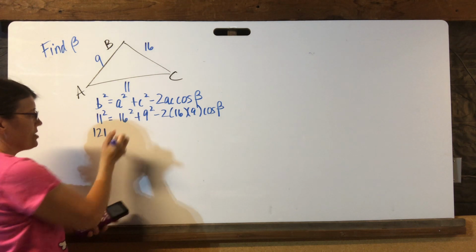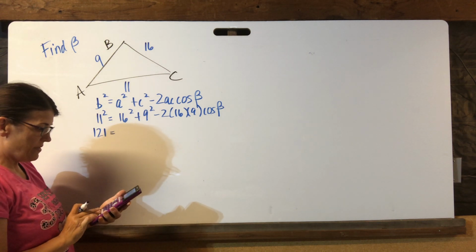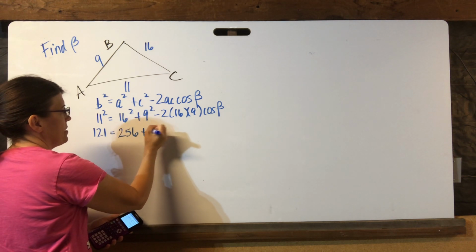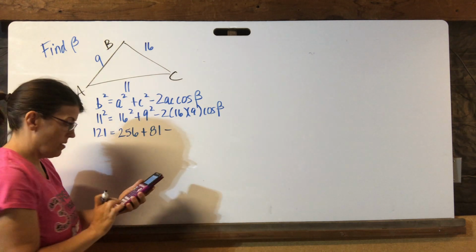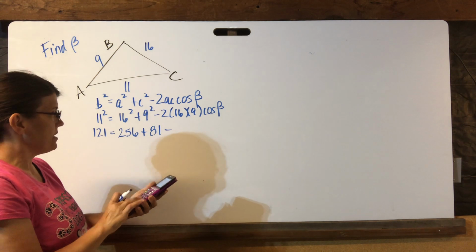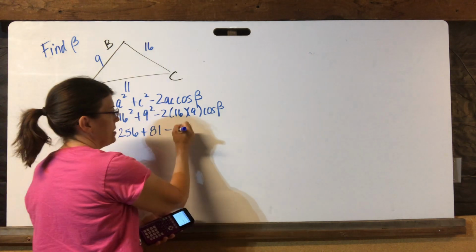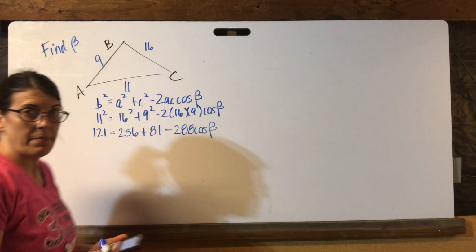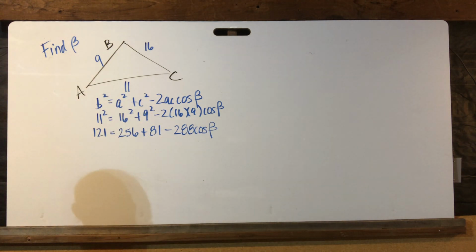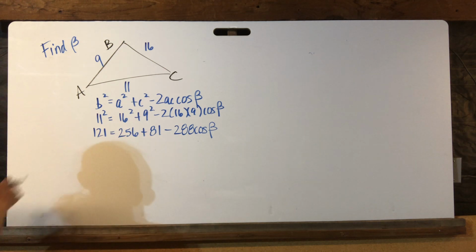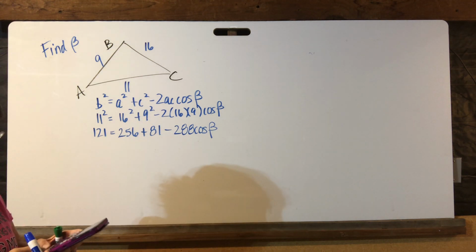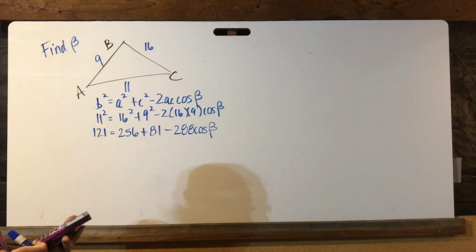I'm going to show a couple extra steps. Okay, I believe 16 squared is 256. It is. 2 times 16 times 9 is 288 cosine B. Okay, so here's what happens. Correctly, you would say 256 plus 81, 337.